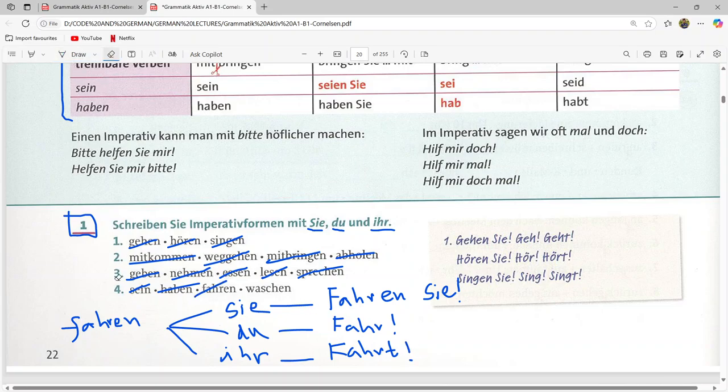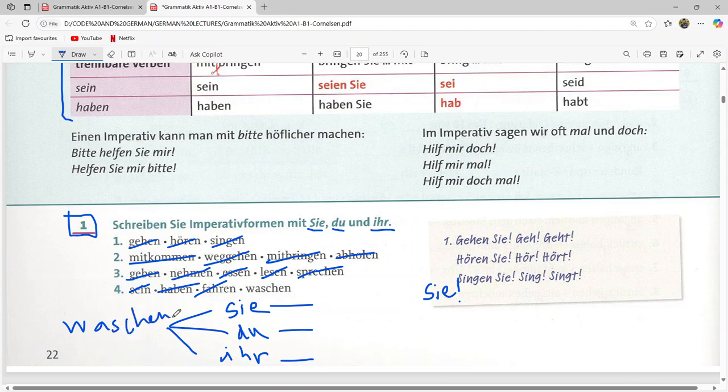Next comes waschen. So the verb is waschen. So it is waschen Sie.